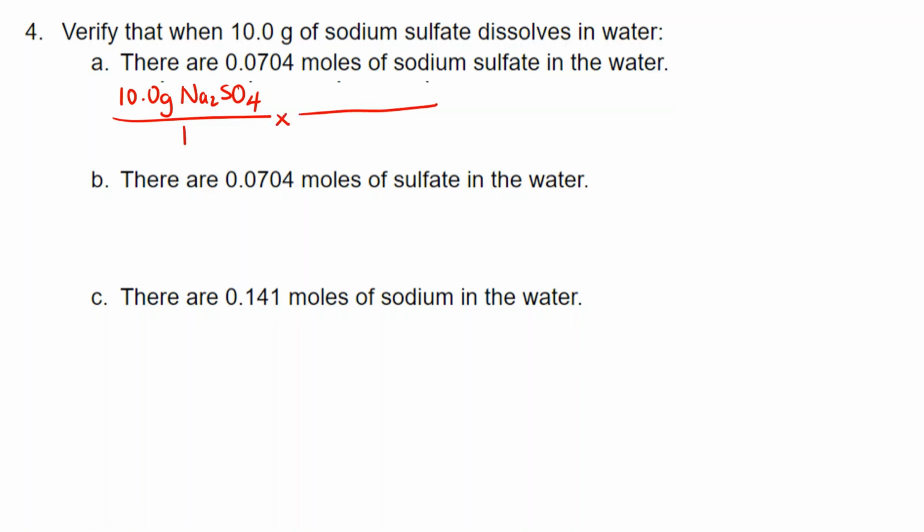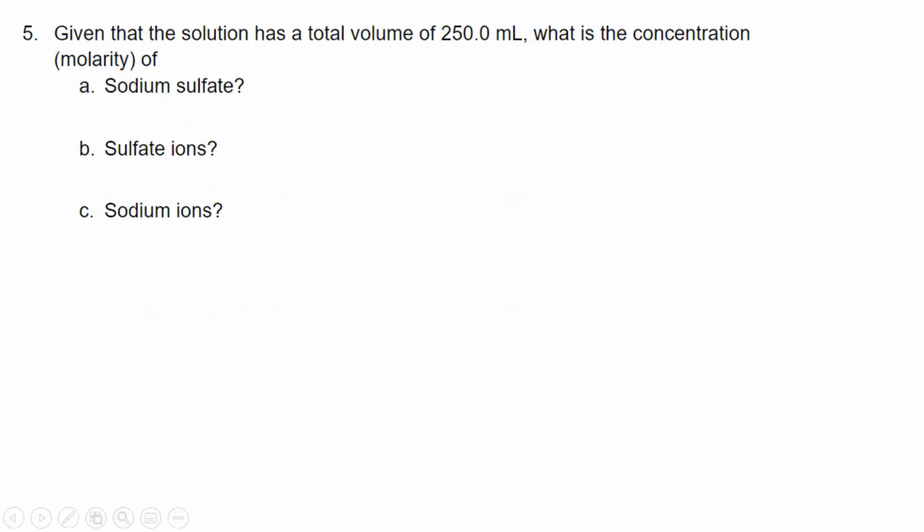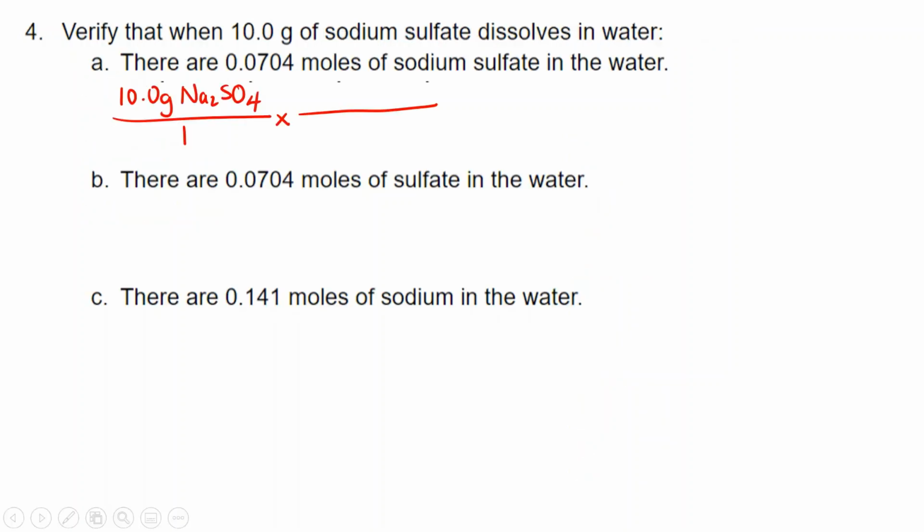So I'm going to need to use the molar mass here of sodium sulfate to do this conversion. So 1 mole of sodium sulfate is going to have a mass of 142.04 grams. So when I solve here, I get this many moles.